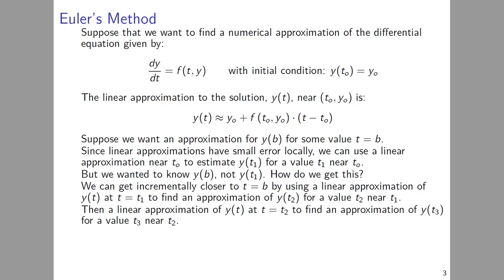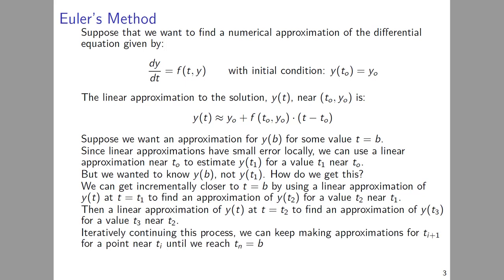And then from here, we can find a linear approximation at t2 to get y of t3. Each time we do one of these steps, we get further away from our initial condition t naught. In incremental steps, we've moved from t naught to t1 to t2 to t3. Iteratively continuing this process, we can keep making approximations for t sub i plus 1 near t sub i until we reach some nth point tn, which is equal to b.